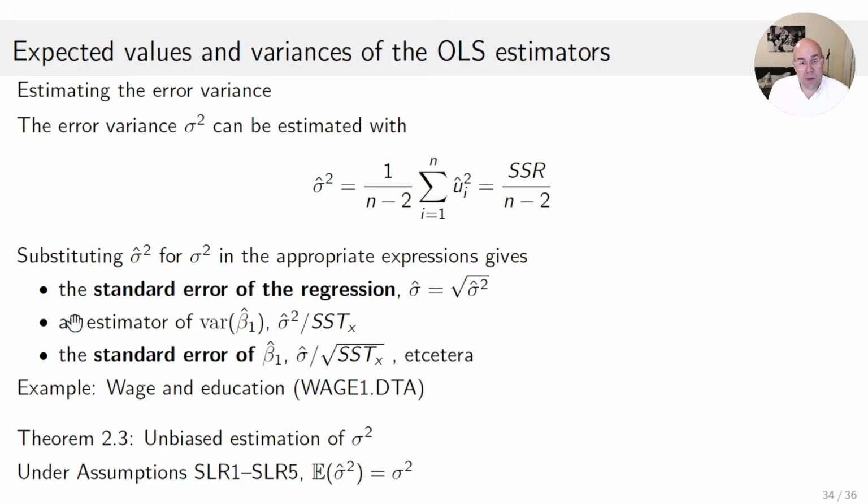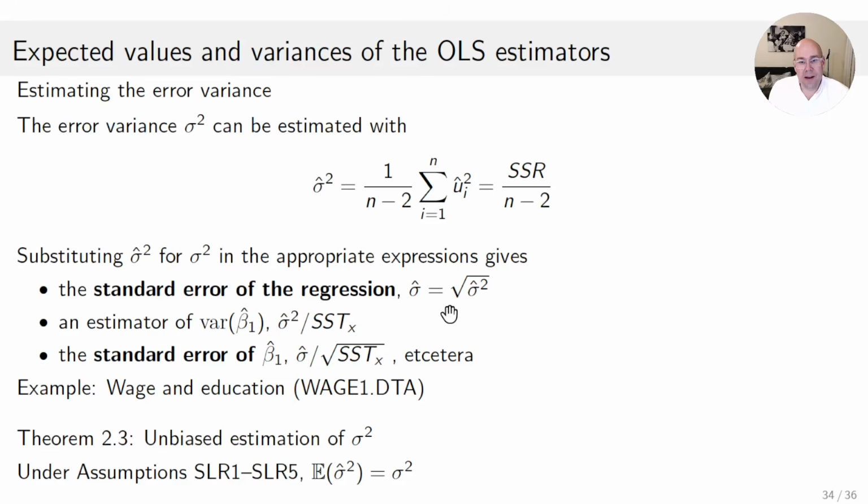And then once we substitute sigma square hat, this estimate, for sigma square in the appropriate expressions, we get what is called the standard error of the regression. That is the sigma hat, if you like.